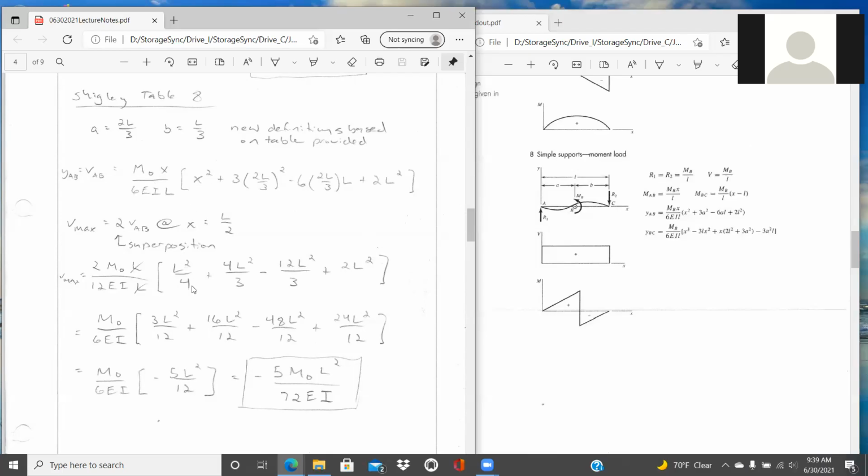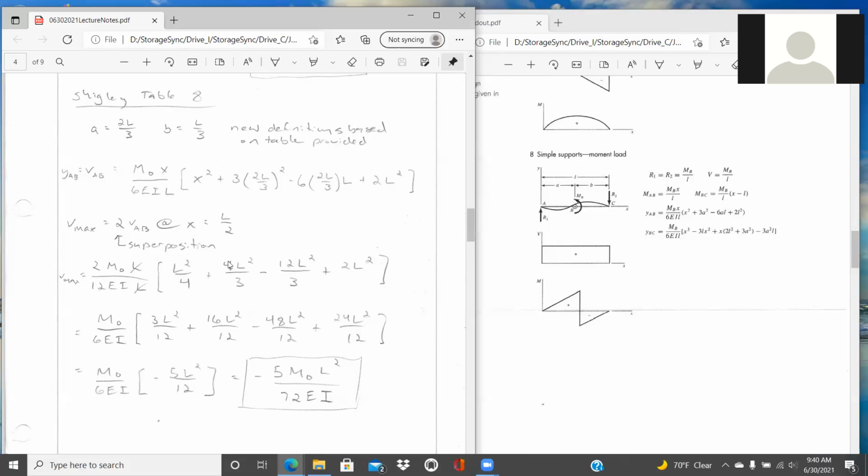So we get an L squared over 4 plus 4L squared over 3. This will become 9; we'll cancel the 3 to leave us 3 in the denominator, and the 2 squared will give us 4, minus 12L squared over 3, plus 2L squared.